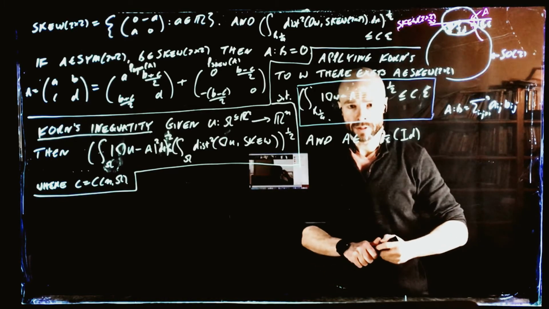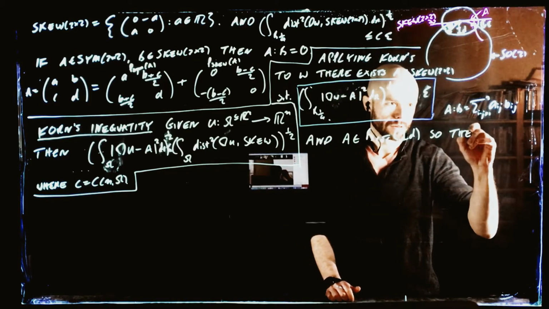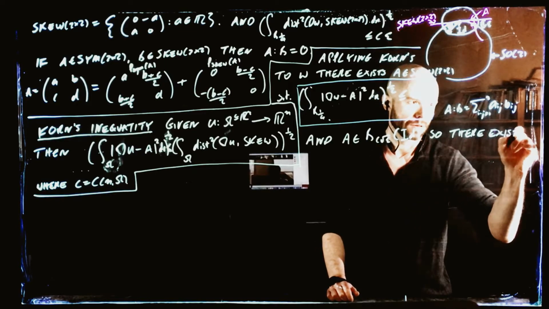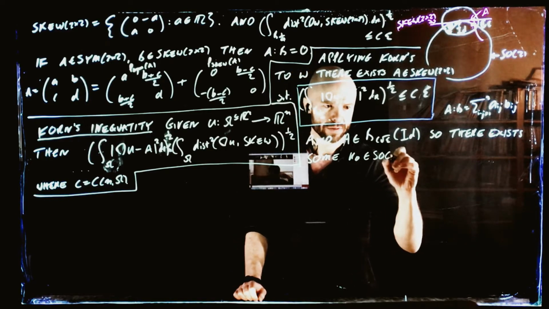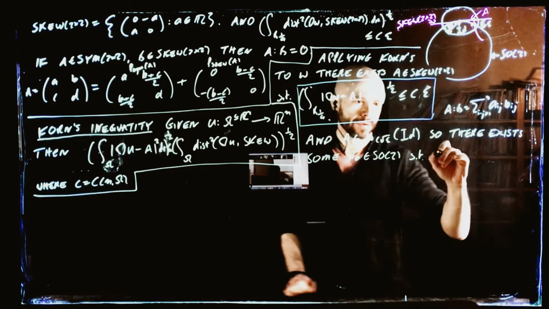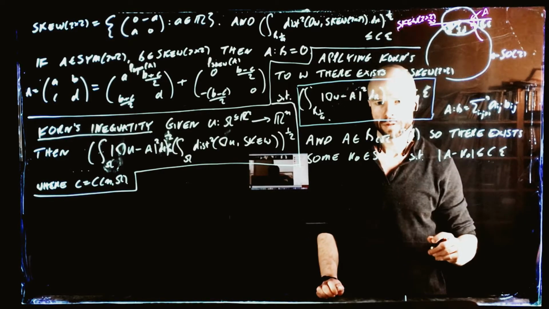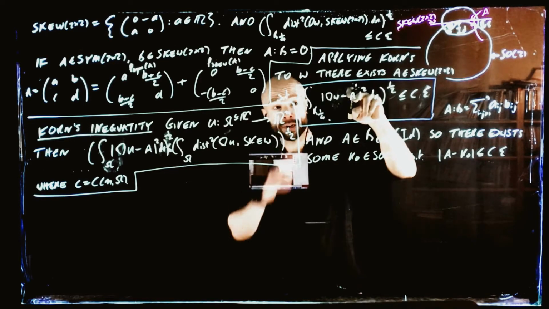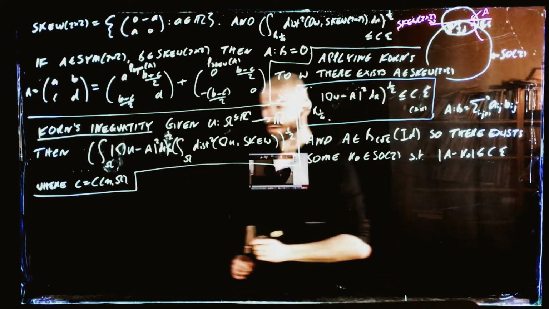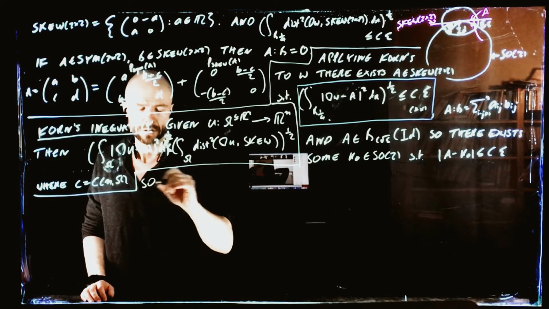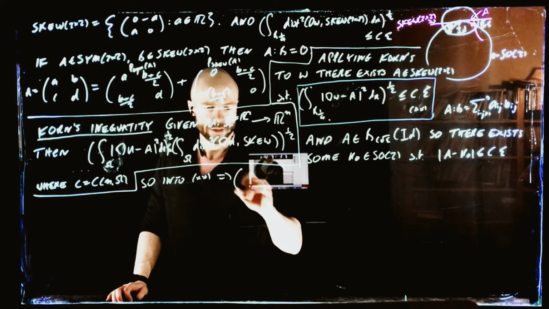So from this, there exists some R0 belonging to the space of rotations such that A minus R0 is less than a constant times epsilon. Yeah? And then just by triangle inequality, we can put it into this thing. Yeah? So let's call this thing star star. So star star implies that this is true.